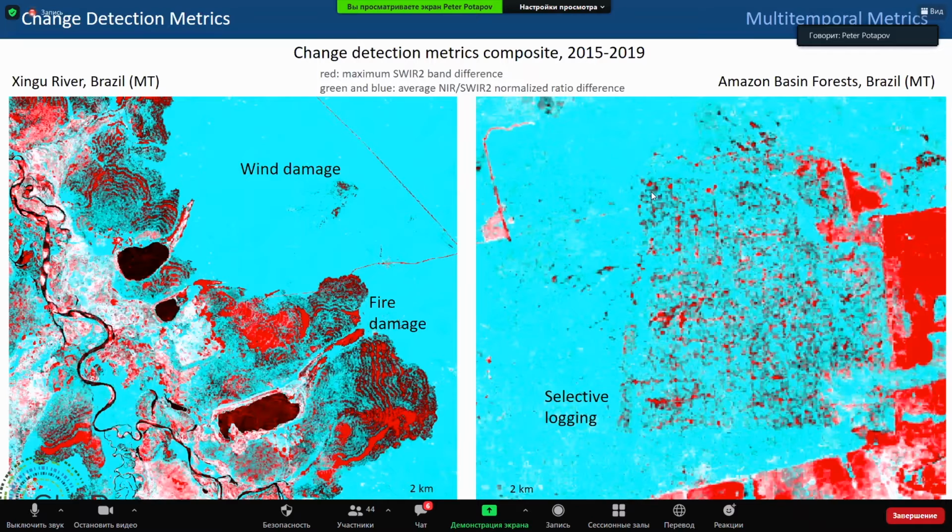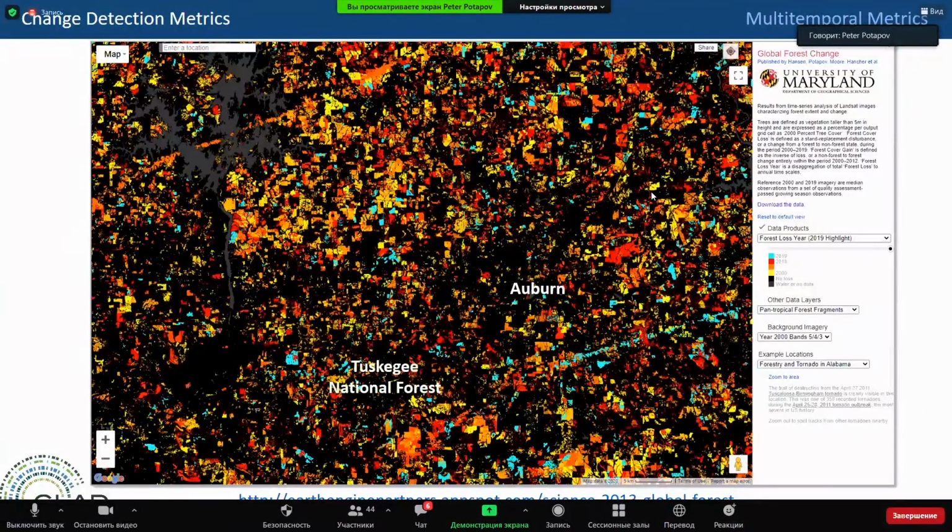Fires burn more intensively during the day and less intensively at night. To the right, you can see selective felling, and our metrics show nicely the structure of this logging and how the transportation sites were organized, and the rest of it.